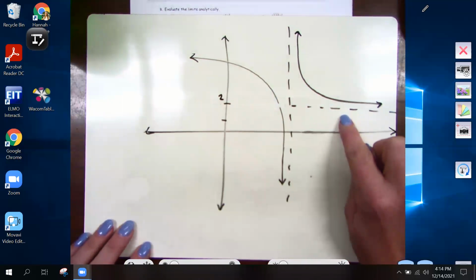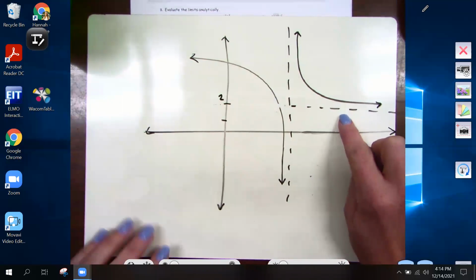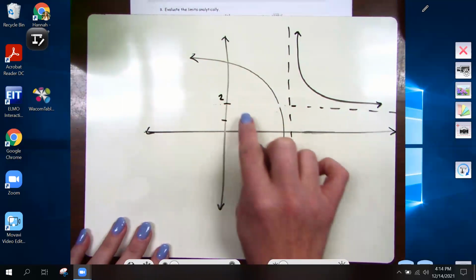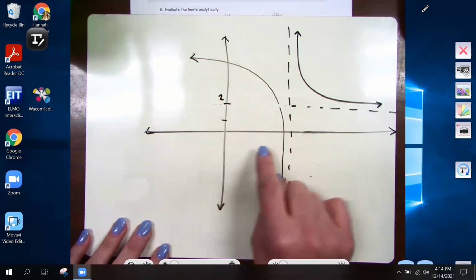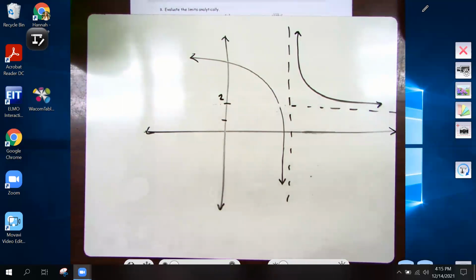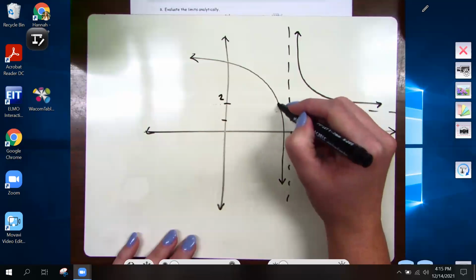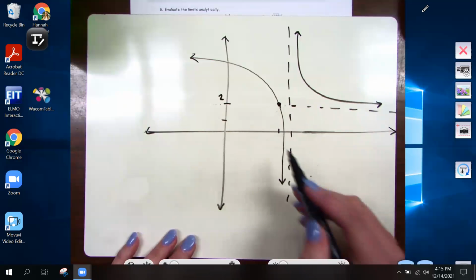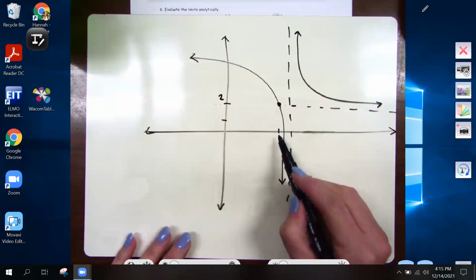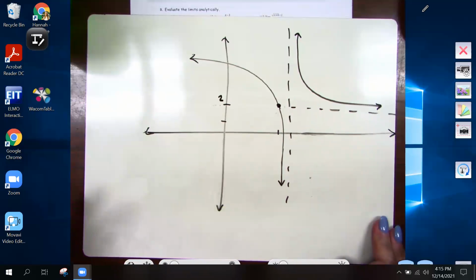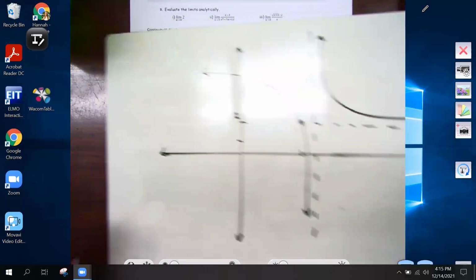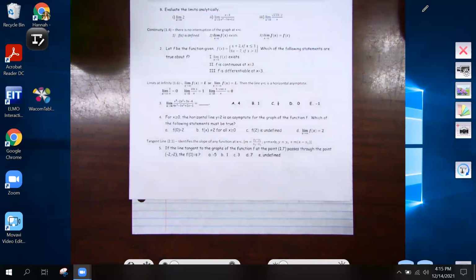It still counts as a horizontal asymptote because it is on this part of the graph, but it's not on this part of the graph. So these x values that are greater than 0 absolutely could have a y value of 2, like right here. This won't always be the case, but it could be true. So we wouldn't include B in our answer.